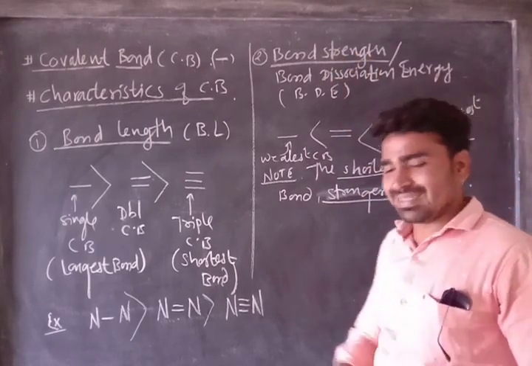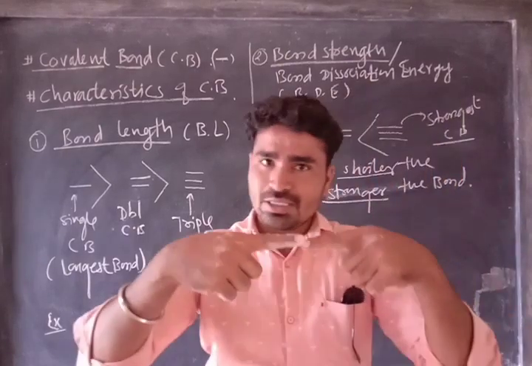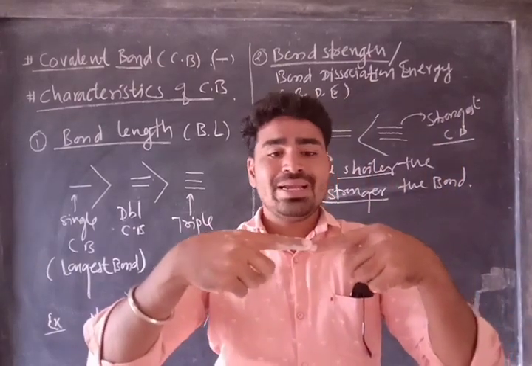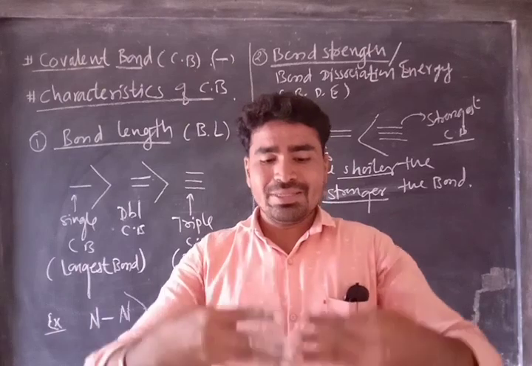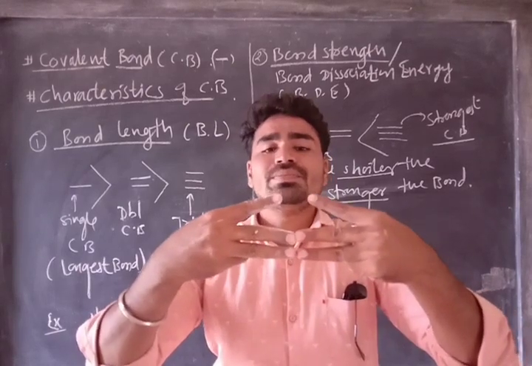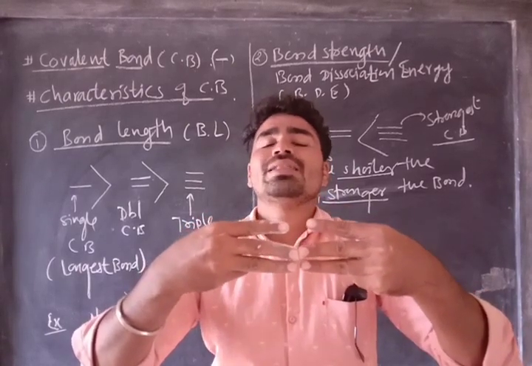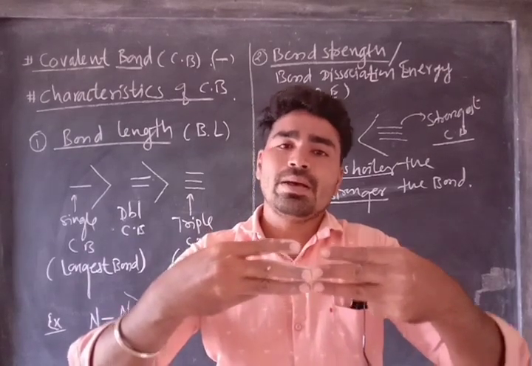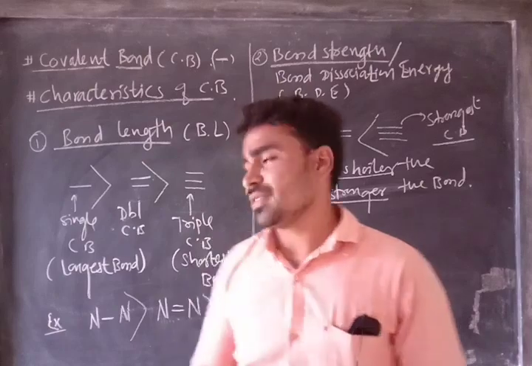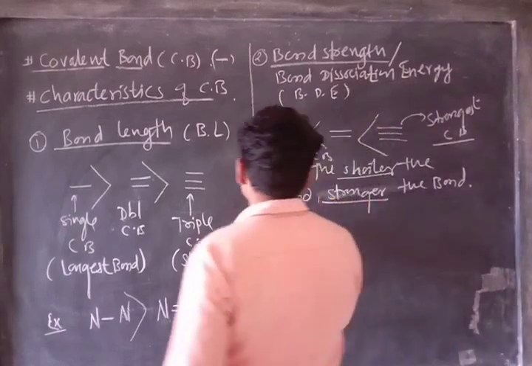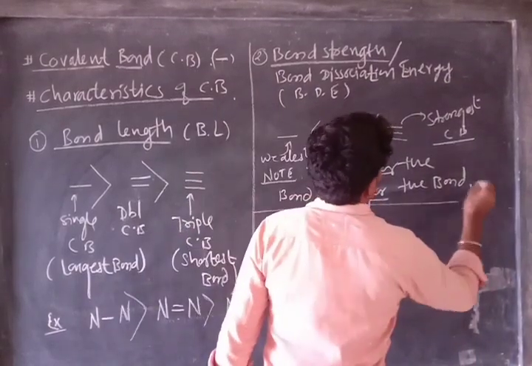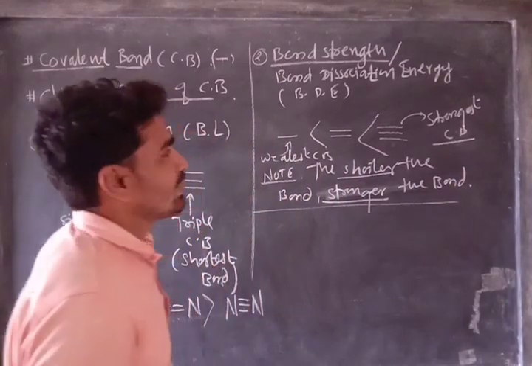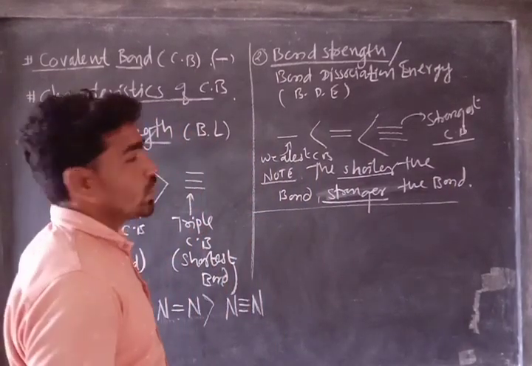Suppose this is the single bond which is the longest but weaker, and this is, we can simply say, the triple covalent bond. This triple covalent bond must be shortest and the strongest bond we can guess. Okay, these are the two very important bond characteristics about the covalent bond.